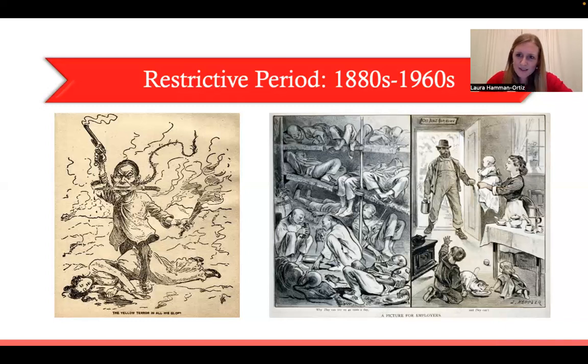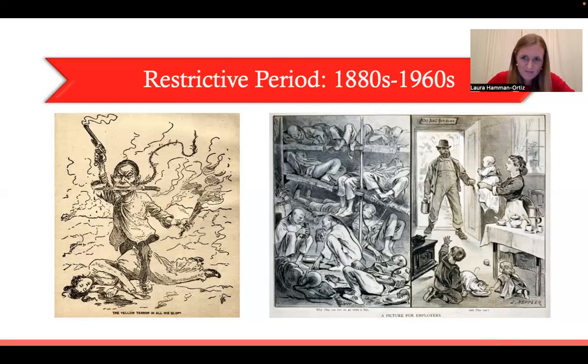But on the other side, you see this white middle class family, and they can't afford the low wages that are being paid to the Chinese immigrants. So rather than say maybe we should rethink how people are being compensated, the argument being made is that these immigrants are coming in and taking our jobs, and they can live for less money, and so we're not able to compete with that.